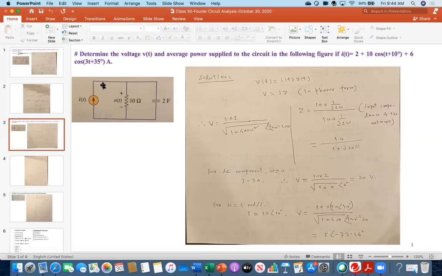If you have 2 ampere DC current, the capacitor will be open circuited, right? So no current will flow through the capacitor. The 2 ampere current will flow through the 10 ohm. So what is the voltage? 2 multiplied by 10, which is 20 volt. And that also makes sense. Is this fine, everybody?